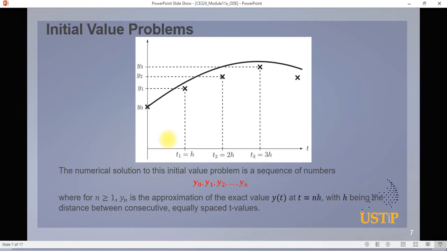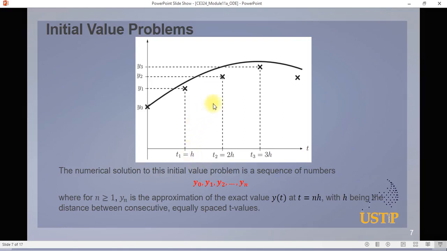So here's an illustrative example of how to solve it. Initially, the value of y is y sub 0. Then at the first step, we solve for y sub 1 as an approximate value at t1 equal to h.